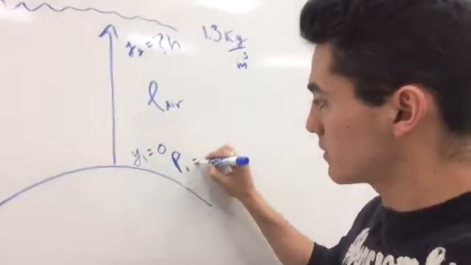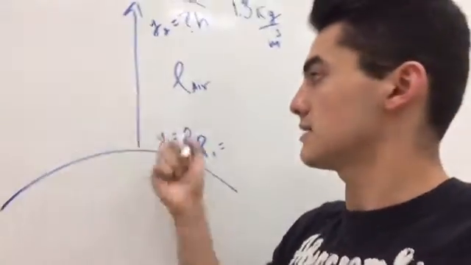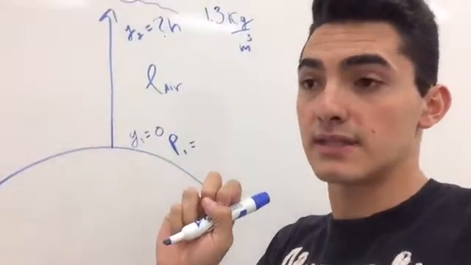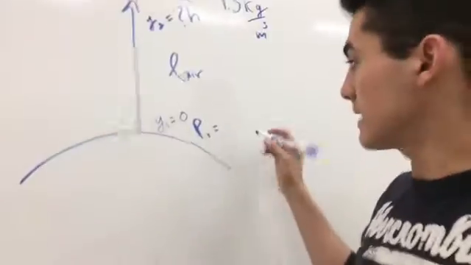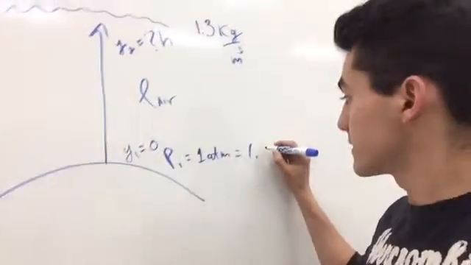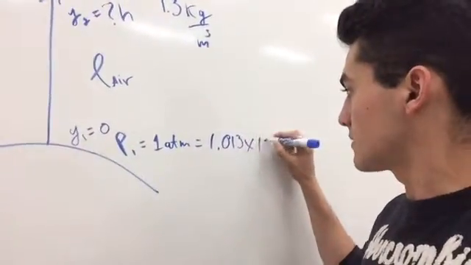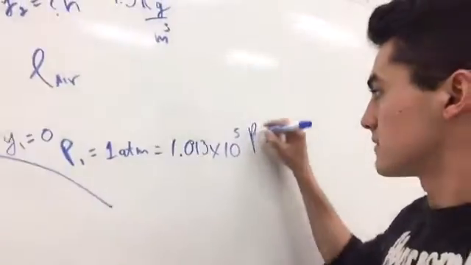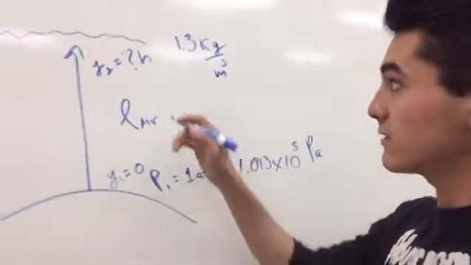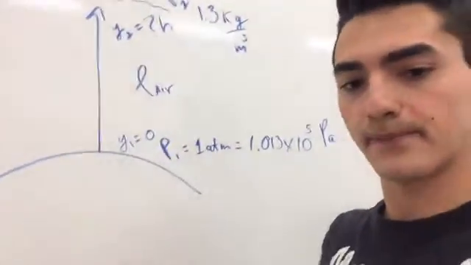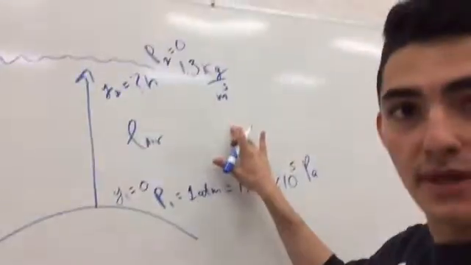Pressure 1 will always be at 0, at sea level, so it will be 1 atmosphere, which equals 1.013 times 10 to the 5th pascals. Pressure 2 will be 0 because at the end of the atmosphere there's no pressure at all.